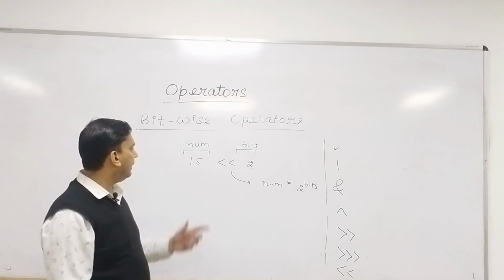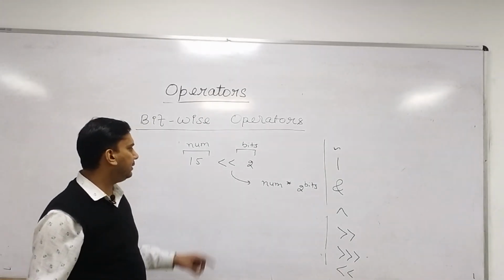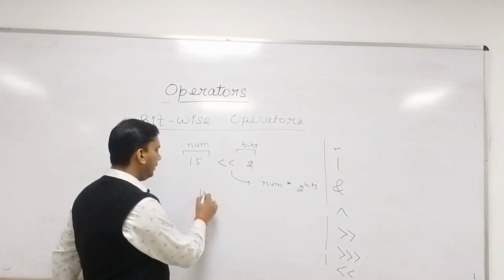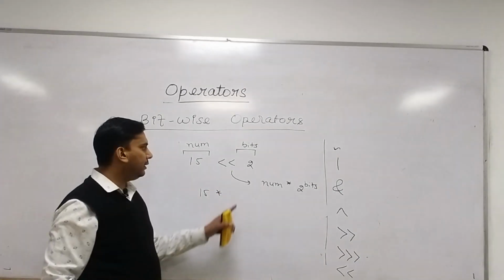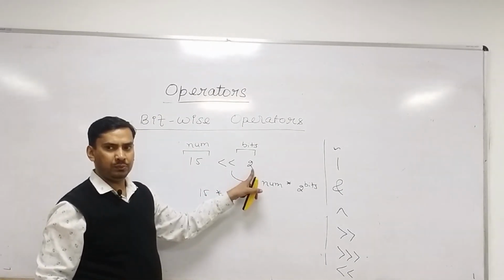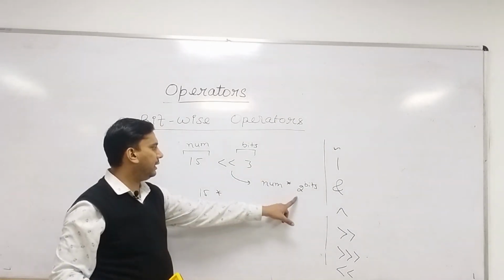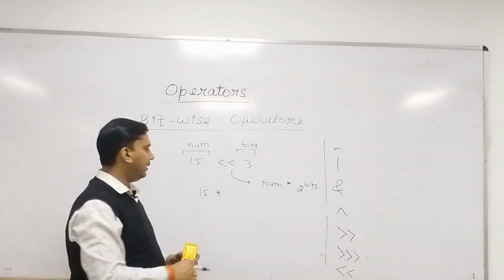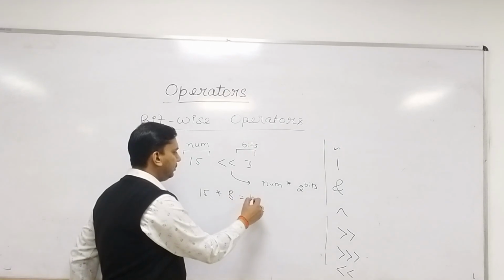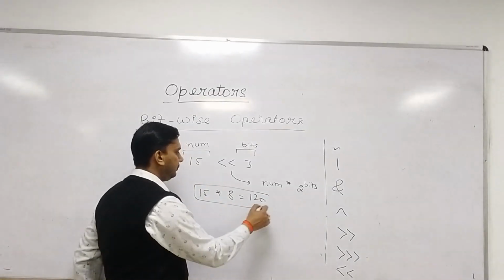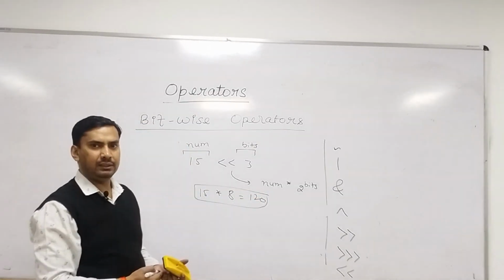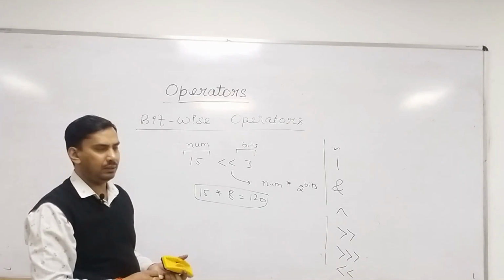So it will be 15 multiplied by 2 raised to the power 2. If I am shifting it by 3 bits, the result will be multiplied by 2 raised to the power 3, which means 8. So the result should be 120. This is the use of the left shift operator.